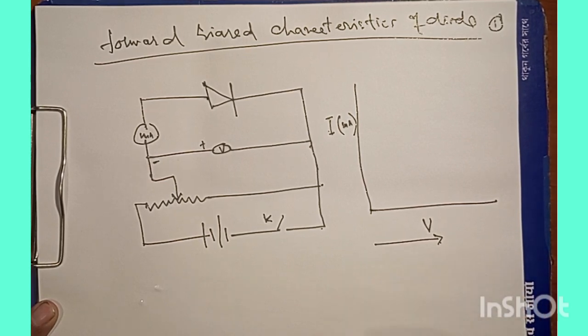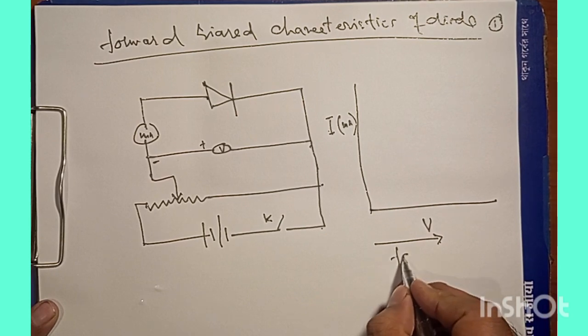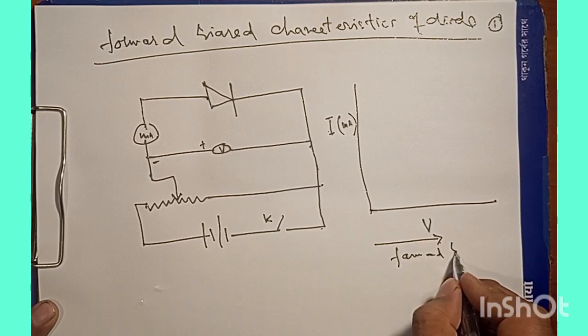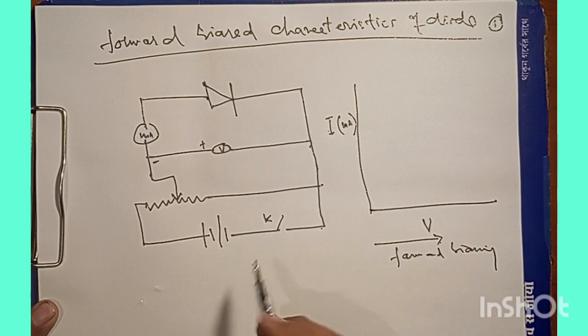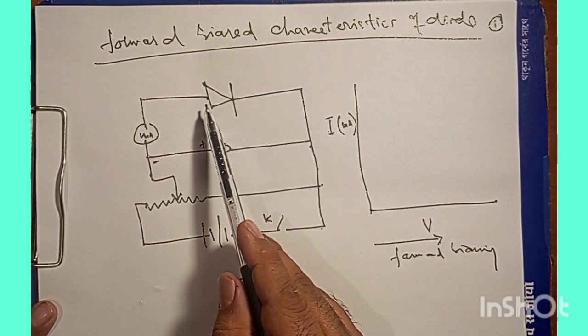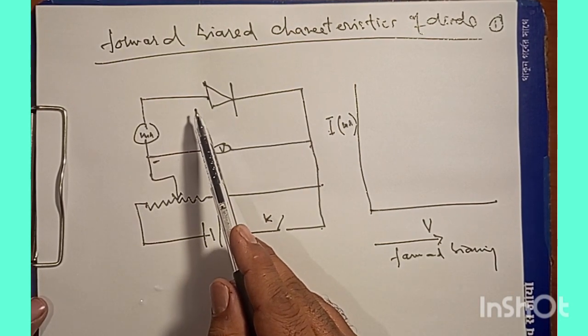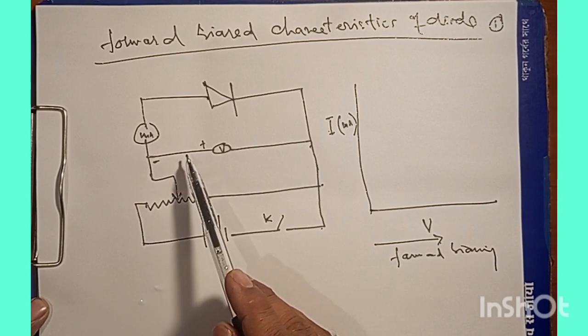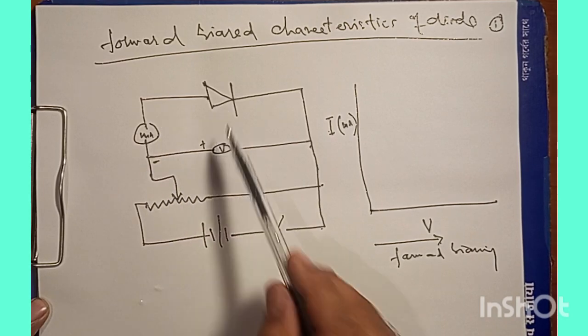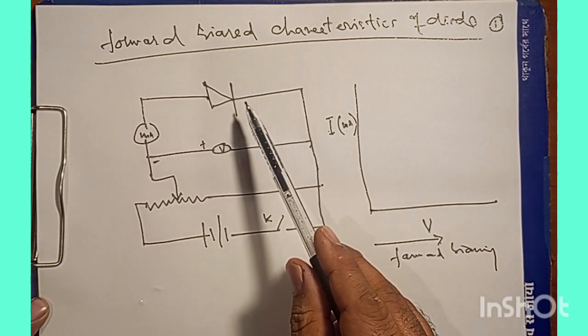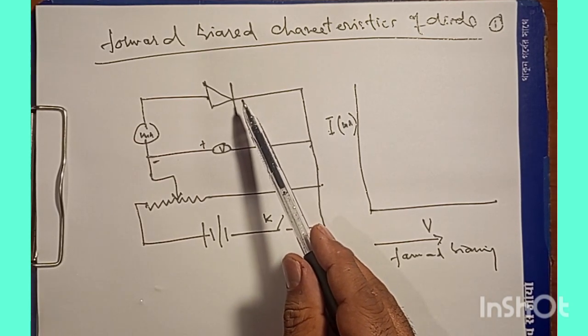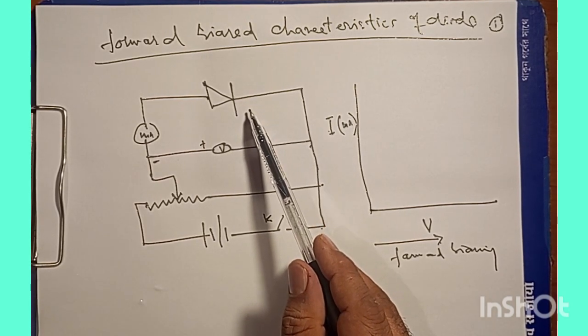So now what is forward biasing? We are forward biasing it here, because the positive terminal is connected to the P side of the PN junction, and the negative terminal is connected to the N side of the PN junction.